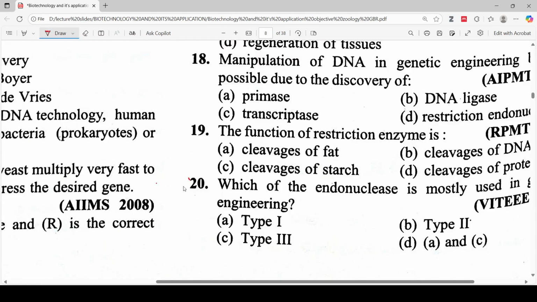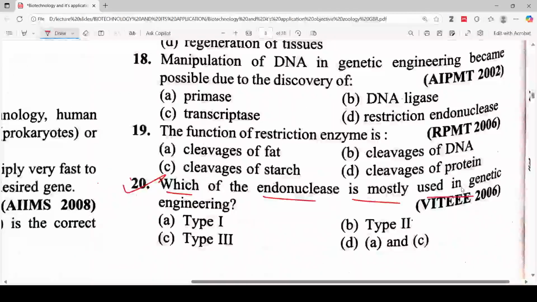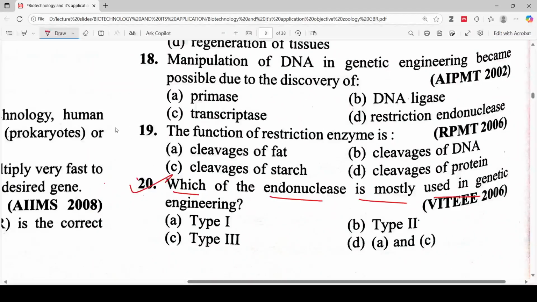Question number 20. Which of the endonucleases is mostly used in genetic engineering? So the correct answer will be option B, Type 2 endonuclease is mostly used in genetic engineering.